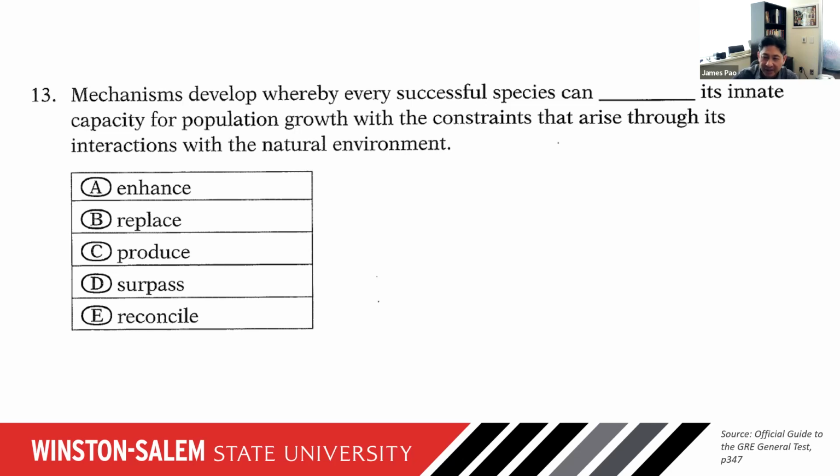So you have something very curious going on here. You have an innate capacity for growth, right? I am born with the ability to reproduce, in this case, babies, children, baby tadpoles, whatever it is that the species is. And I can blank that with constraints.